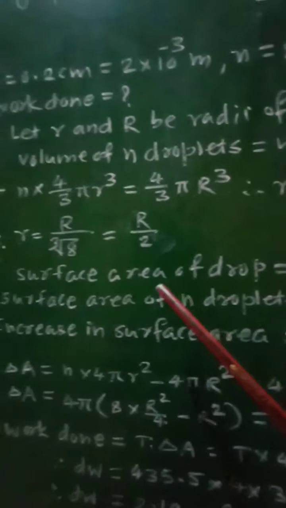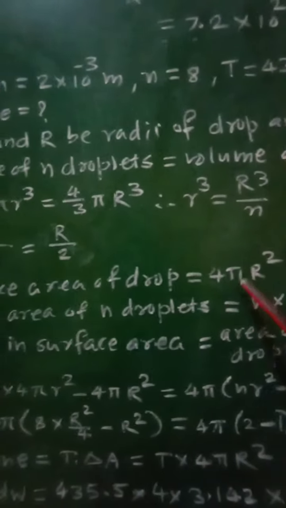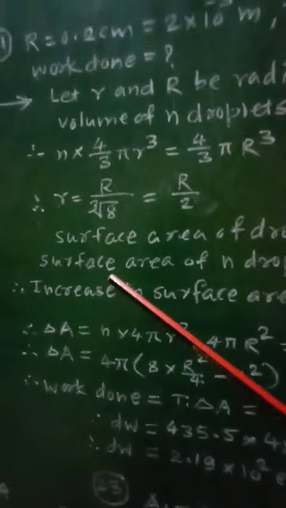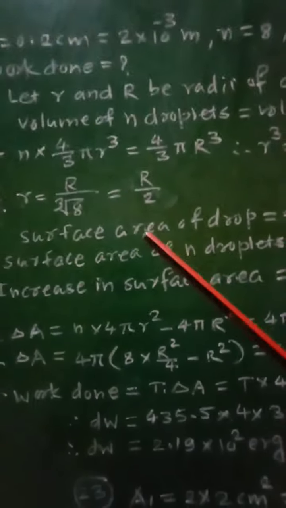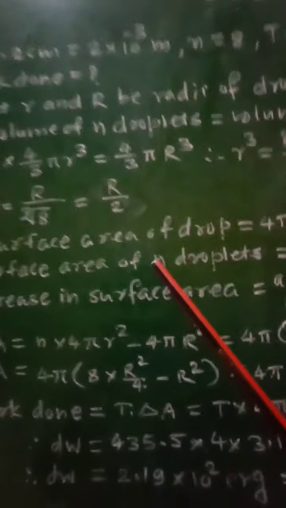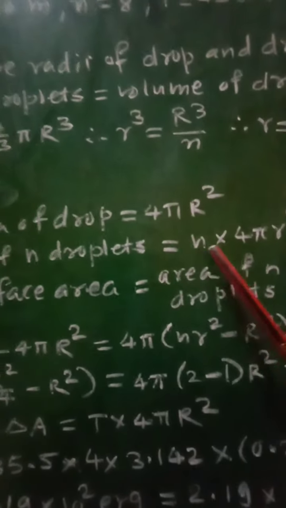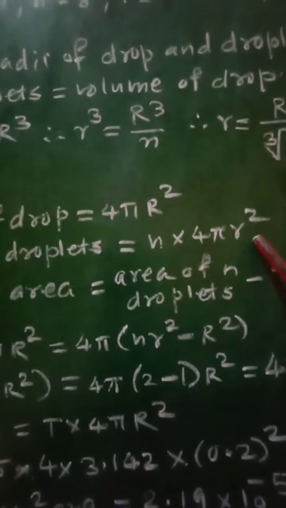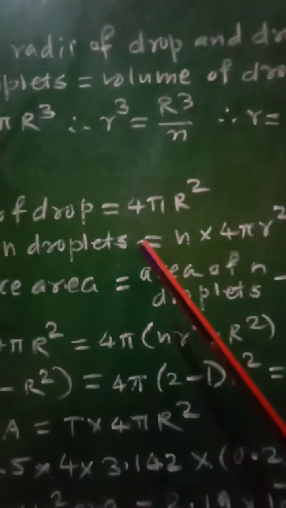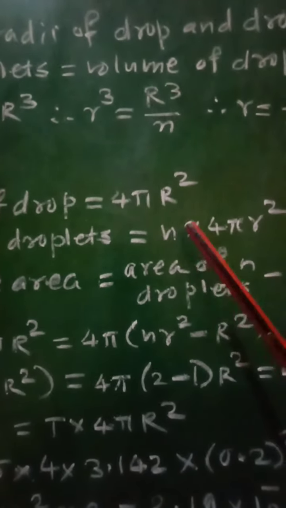Then surface area of n droplets will be equal to n into 4 pi r square.